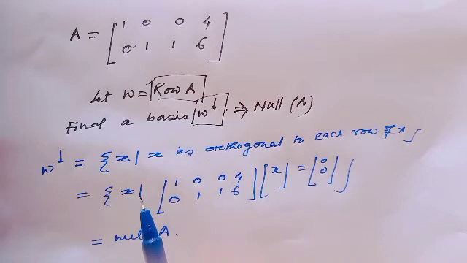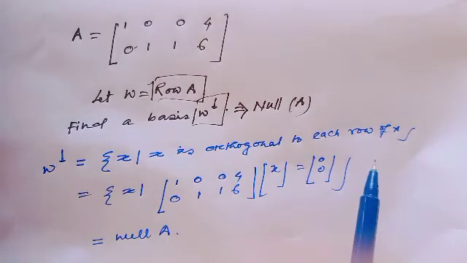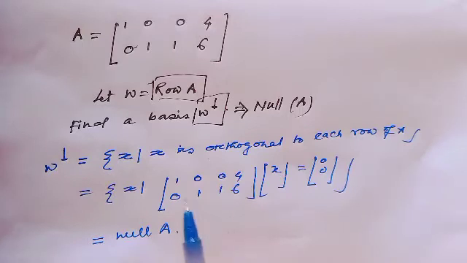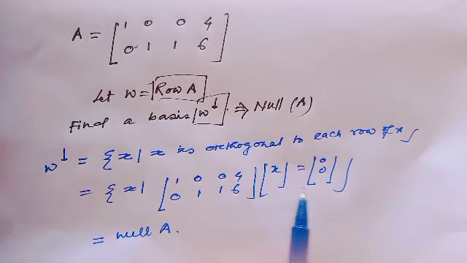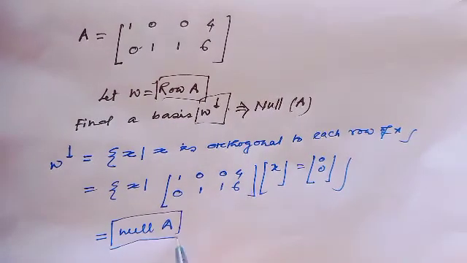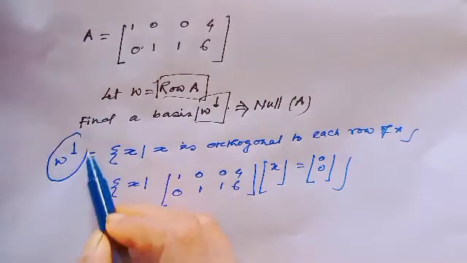Mathematically, W perp is the set of those vectors x such that x is orthogonal to each row of A. That means Ax equals 0, and this is the null space of A. That means the basis vectors of the null space are the basis of W perp.